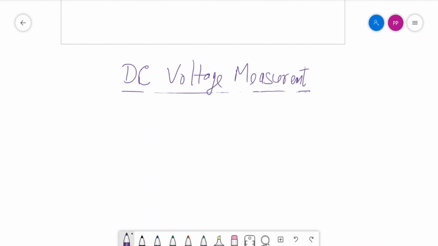So we have the DC signal to be measured, which is passed through an attenuator. So here you are getting the DC voltage. So this is V in and this is the attenuator.